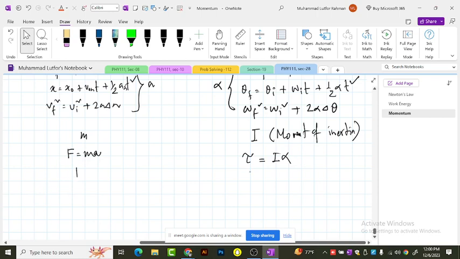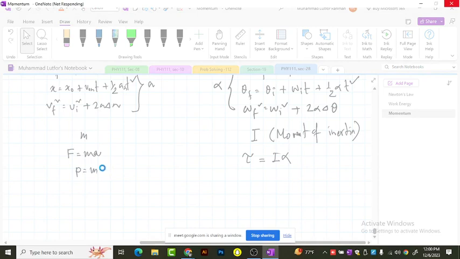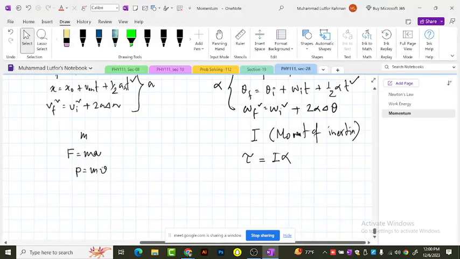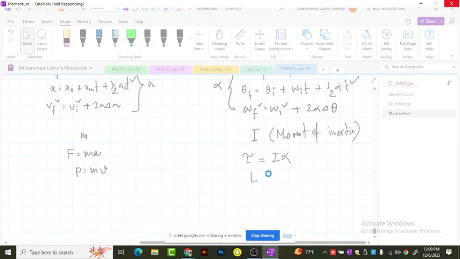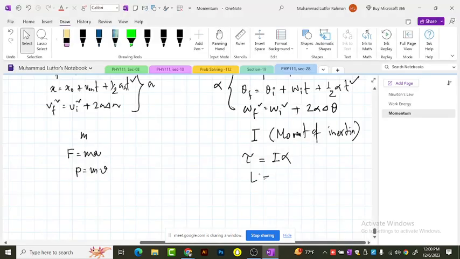And the linear momentum we express as mv, and then angular momentum will be expressed as L equal to I omega.